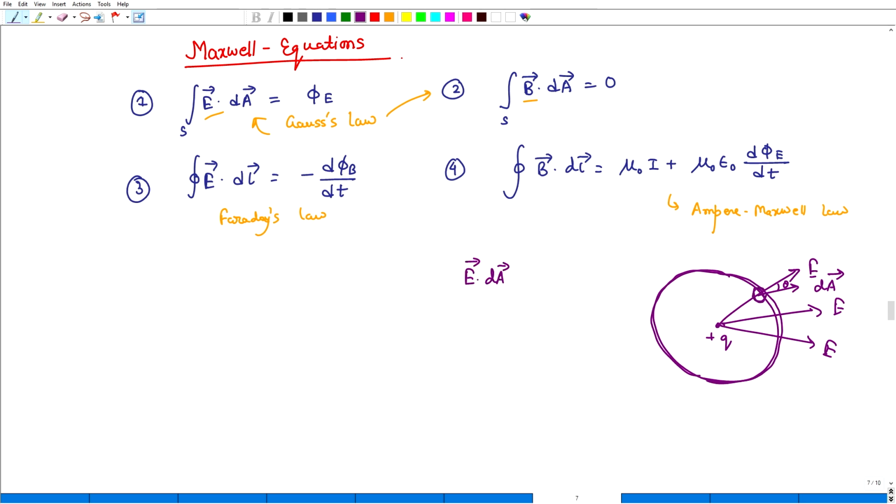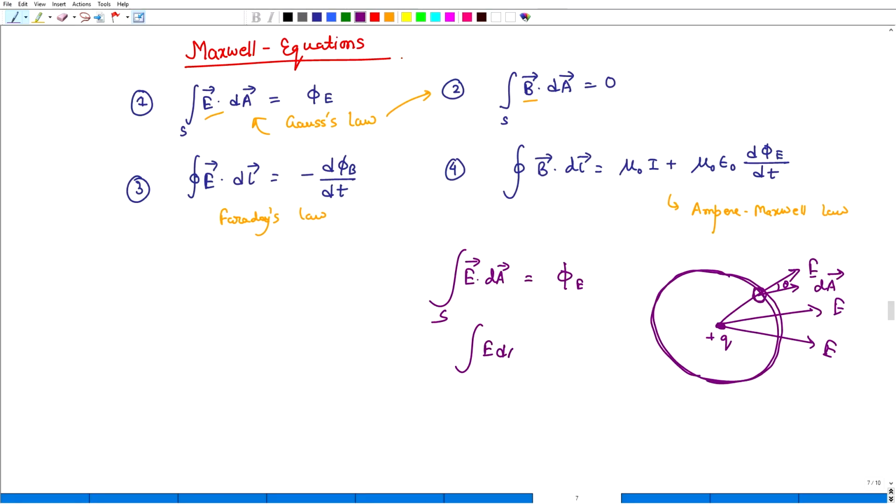This is for a small surface dS. Now if we integrate over all the surface, then it will be the total flux, so essentially it is phi E, the total flux. So clearly if there is a non-zero charge, then there will be an electric flux. Actually this E is also uniform if it is an isotropic space, not only vacuum.